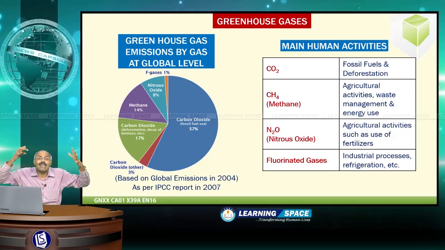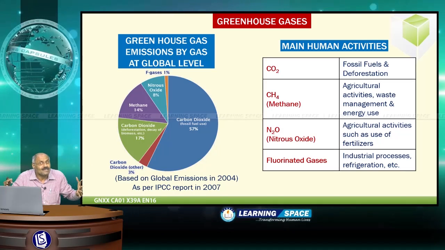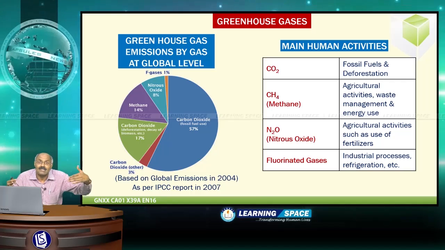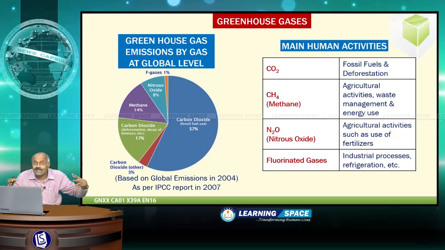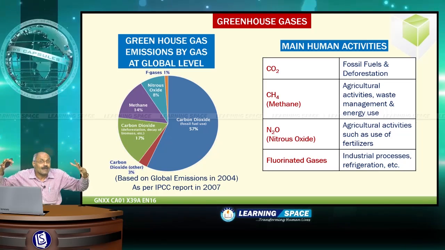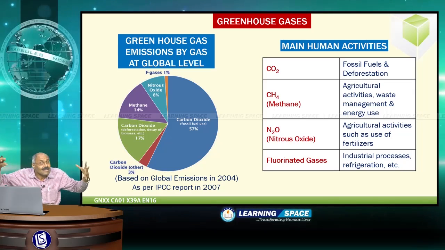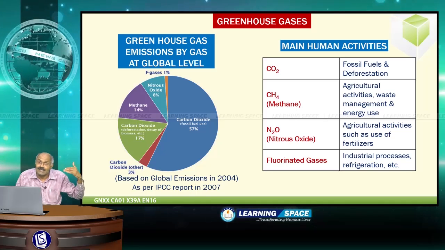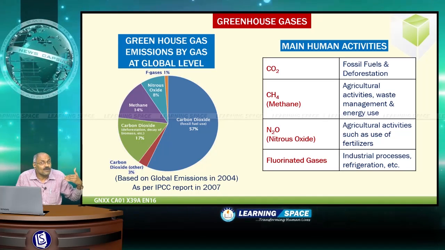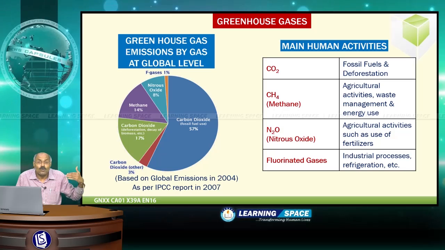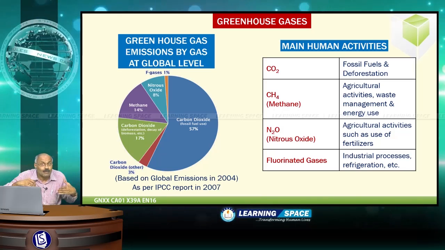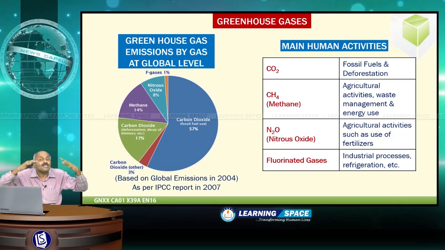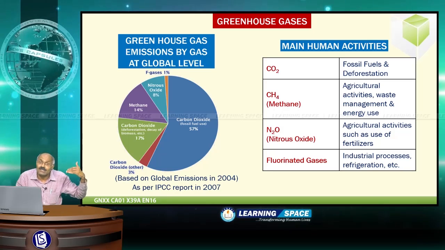So, predominantly carbon dioxide around 70%, methane is 14%, nitrous oxide is just 8%. So, these are greenhouse gas emissions by gas at global level. So, we discussed various fossil fuels, how the re-emitted radiation is absorbed by the atmosphere, and what is the composition of greenhouse gases.